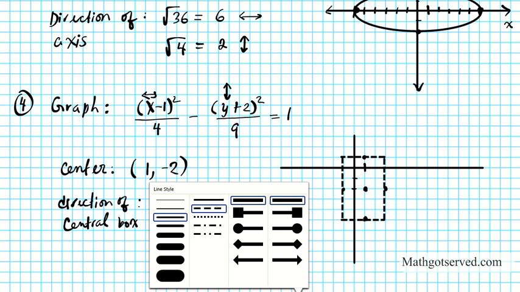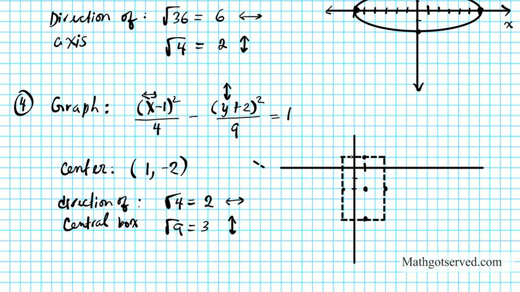To graph the asymptotes, we go through the diagonals and draw a line like that through the diagonals. Let's make the line sufficiently long. So going through the diagonals, those are my asymptotes. That's going to guide the construction of my hyperbolas. Alright, so there goes your asymptotes.